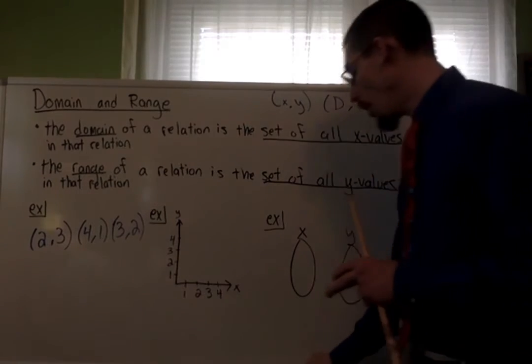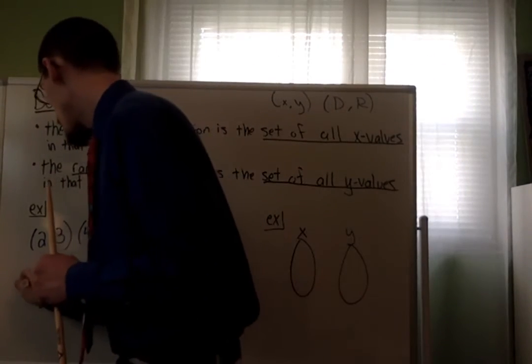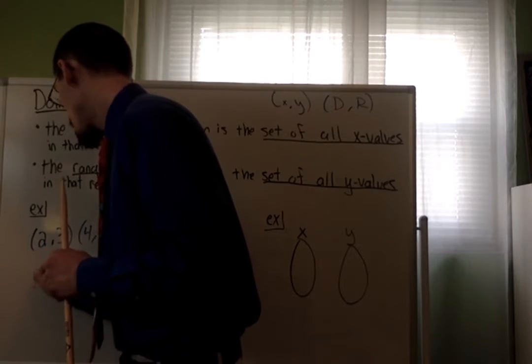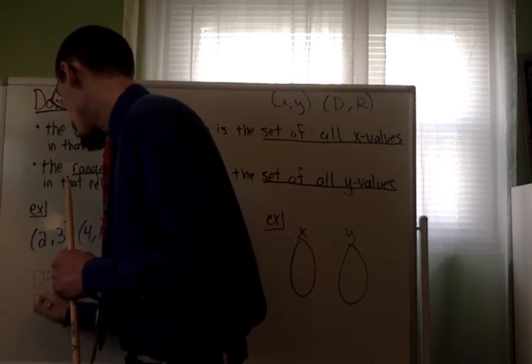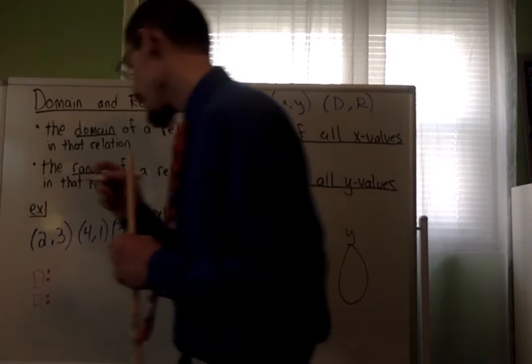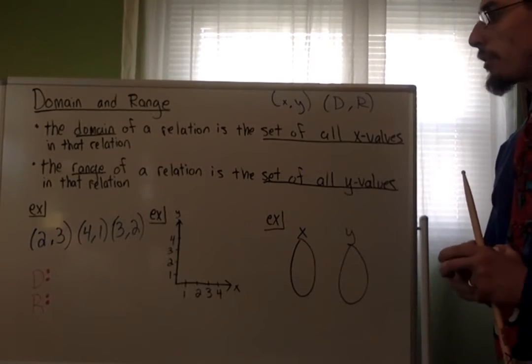If I wanted the domain and the range for this relation, I need a list of x values.